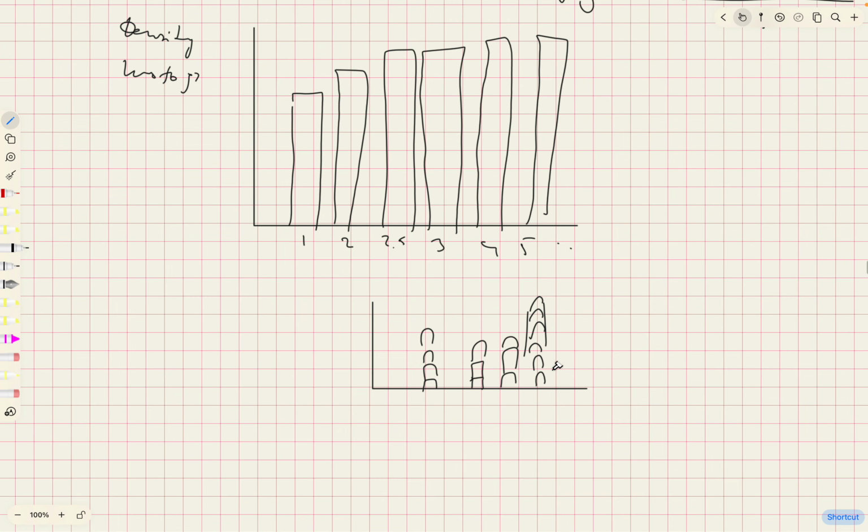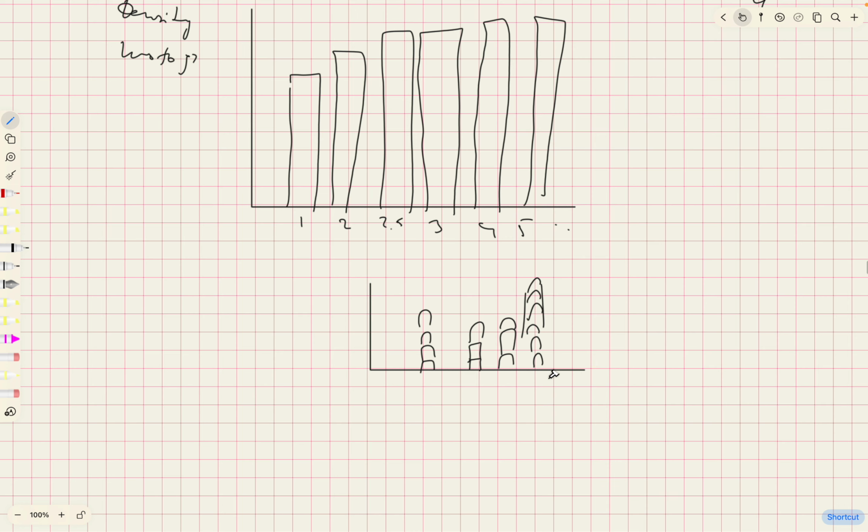To turn it into a density histogram, for example, how many points were there? 1, 2, 3, 4, 5, 6, 7, 8, 9, 10, 11, 12, 13, 14, 15, 16. A total of 16. And for example, for this one, which is 4, 1, 2, 3, 4, and let's say this is 3.